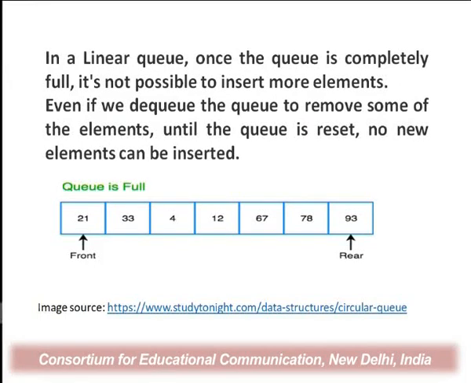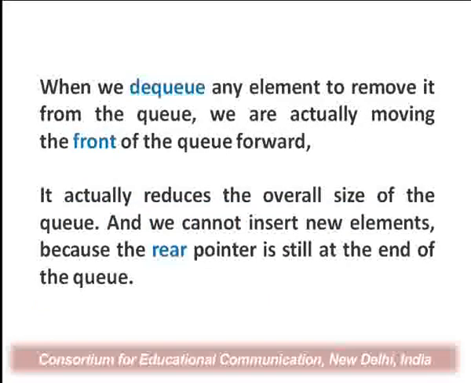In a linear queue, once the queue is completely full, now let us consider an example in which the queue is completely full. As you can see on the screen, it is not possible to insert more elements. Perfectly fine in this scenario. Even if we dequeue to remove some of the elements, we won't be able to insert any element. Why?